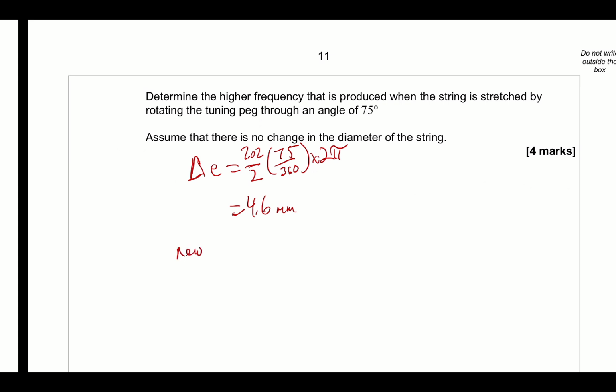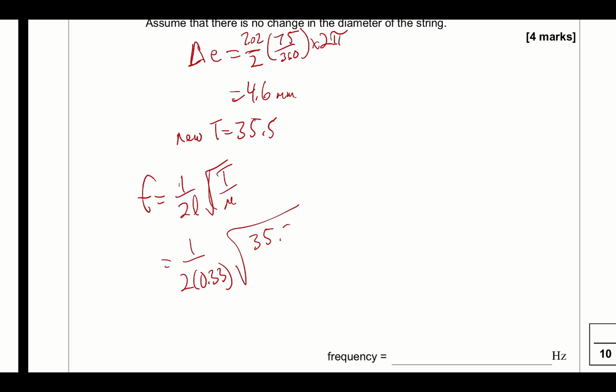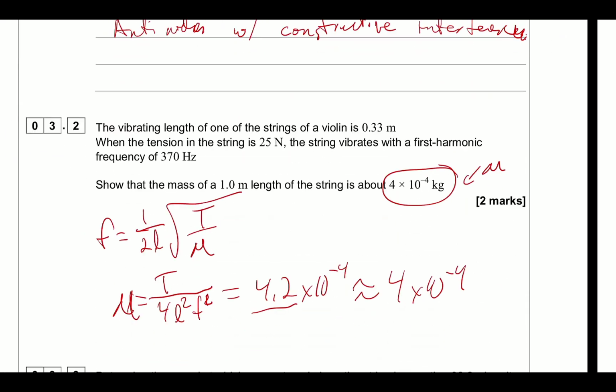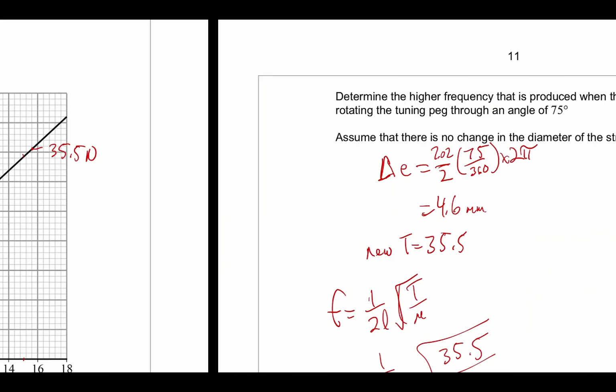So the new tension, 35.5. Frequency equals 1 over 2L square root of T over mu. So 35.5 divided by, what was mu? 4.2 times 10 to the minus 4.